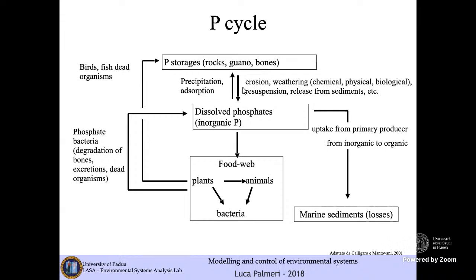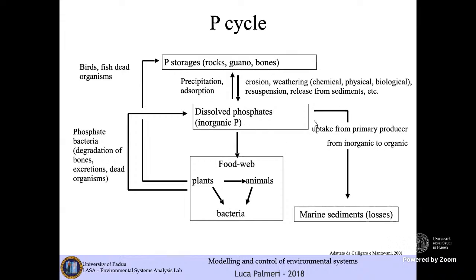The reverse of this process is precipitation or adsorption, so movement of dissolved quota onto a suspended solid. The storages in the solid part, rocks, guano, and bones, are exchanged with the dissolved inorganic phosphate through these two counteracting processes: precipitation, adsorption, and erosion, weathering, or resuspension.